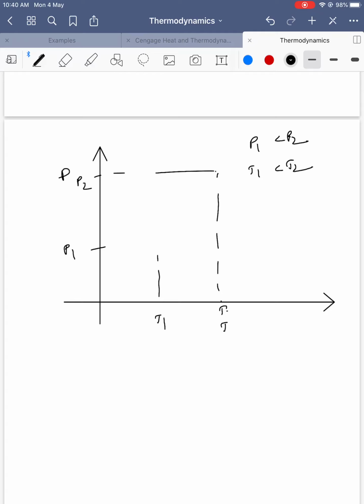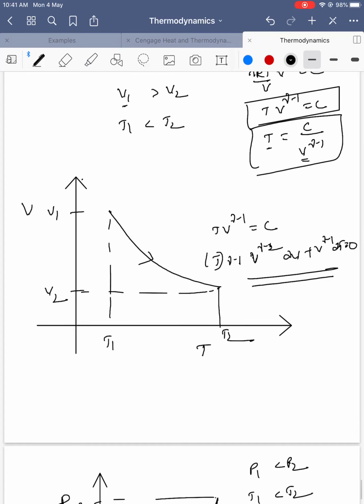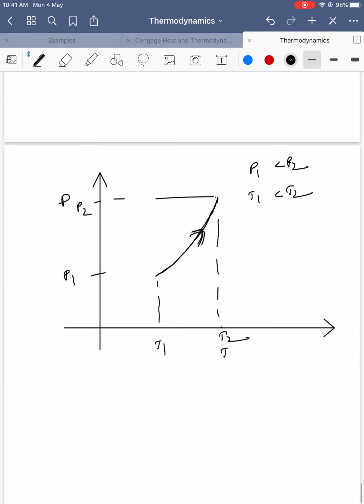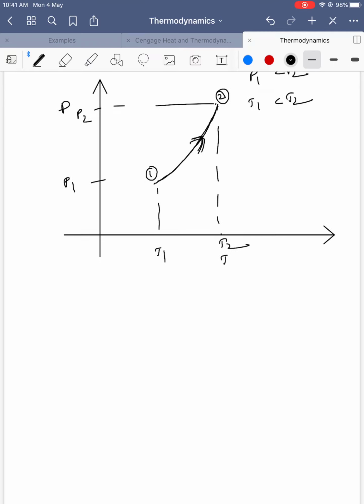So the graph will be like this, going in the upward direction. So in this case also, it starts from the initial position P1 and goes in this direction. Whatever is one is the initial position, 2 is the final position. Okay, so these are the graphs.